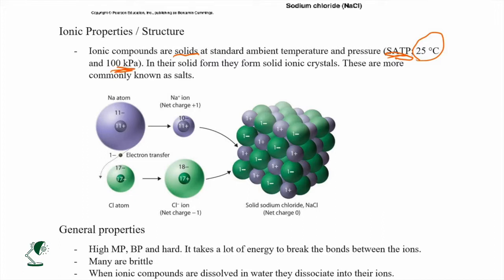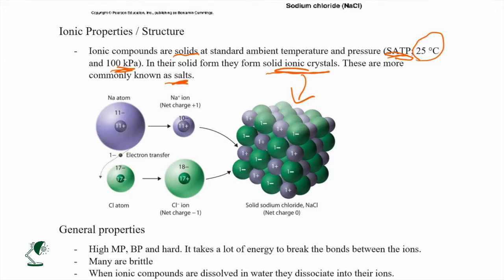Okay, back to the properties. Ionic compounds are very solid, and they form solid ionic crystals, which look like this. This crystal is also called a salt. Not your table salt, but this crystal is called a salt.